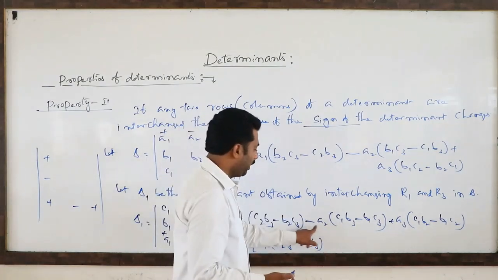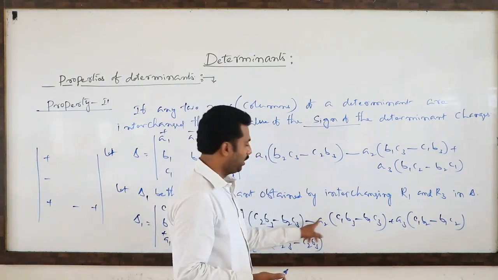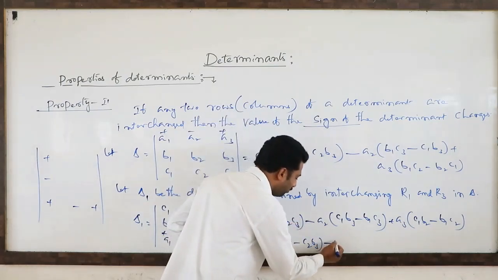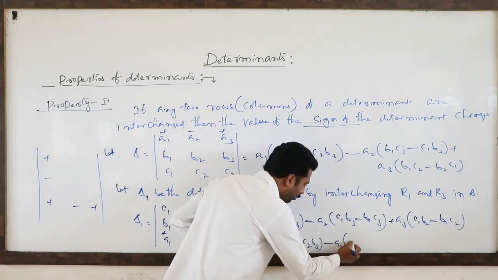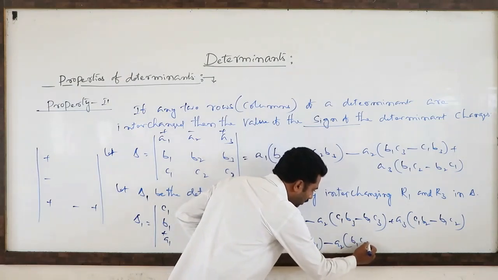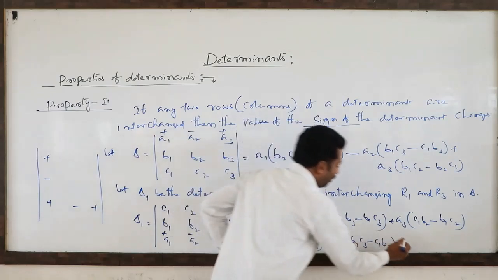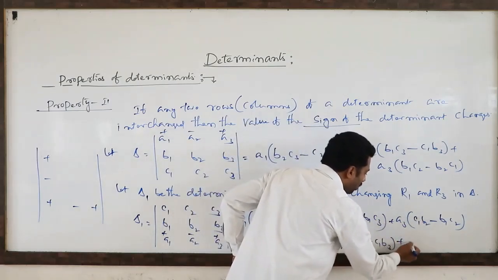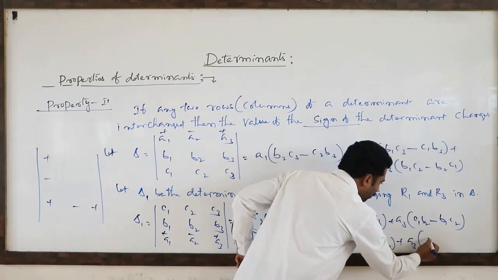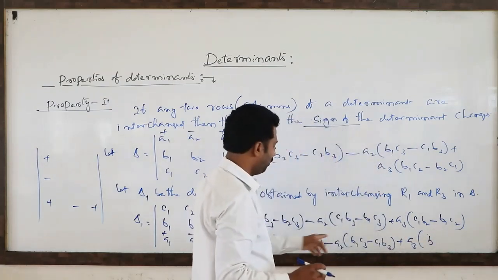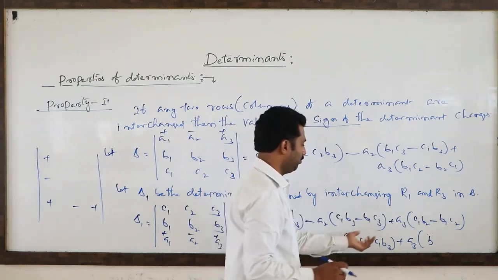Here also, taking minus common, since a minus is already there, this will remain as it is. This is A2 into (B1 C3 minus C1 B3). Plus, here also minus common, A3 into (B1 C2 minus C1 B2).